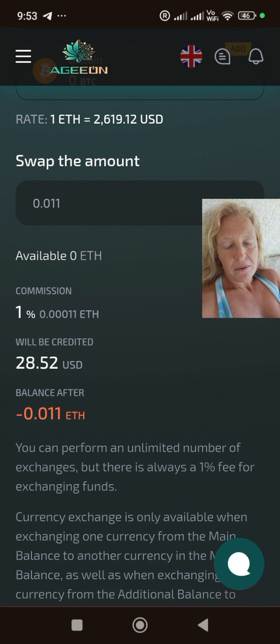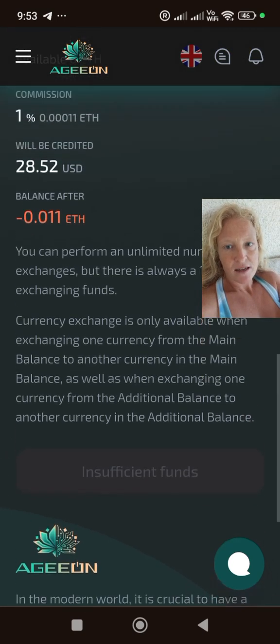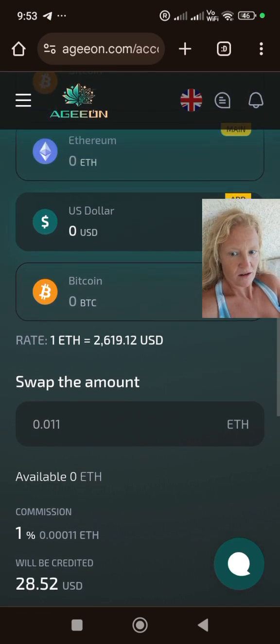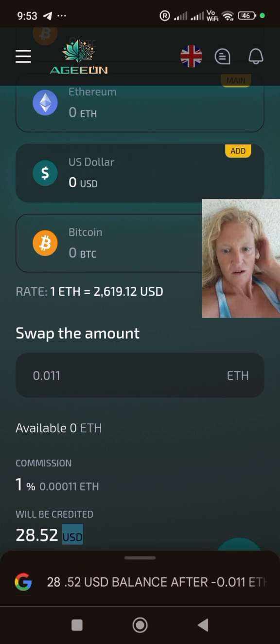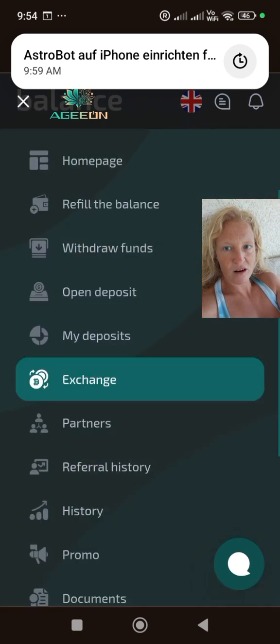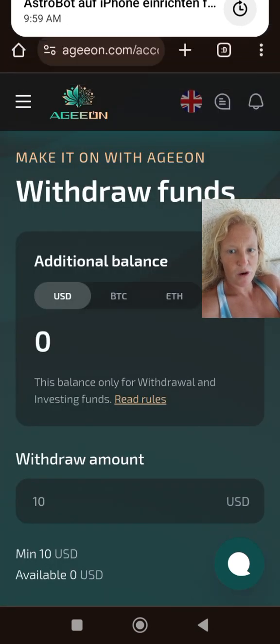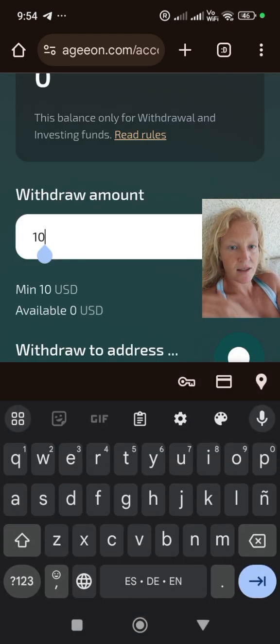Alright, so this will be credited, and you swap it into US dollars. You see here, okay, the Ethereum will be swapped into the US dollars, and then it would show up, then you go to withdraw, and it would show up here, and then you can withdraw less money than in Ethereum.